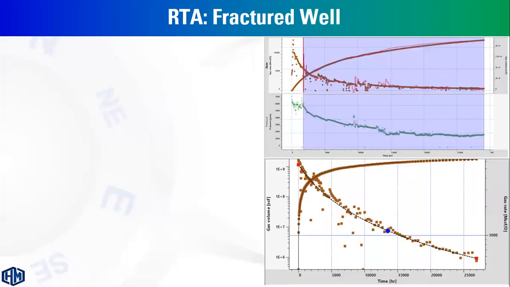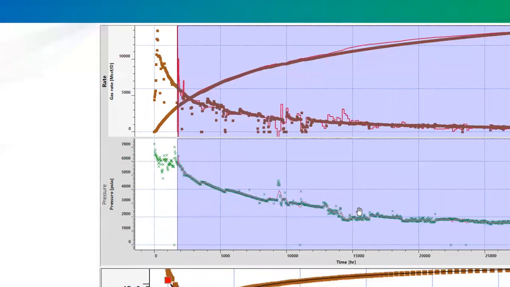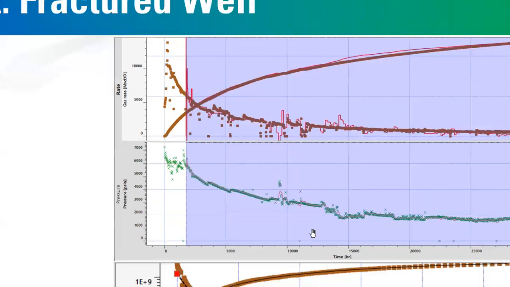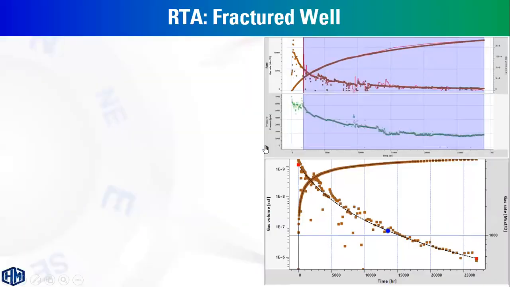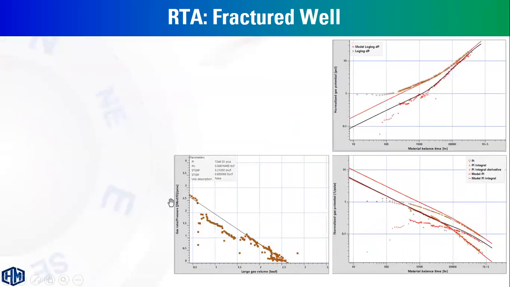This is the data of the fractured well, the flow rate and flowing pressure, and this is the matching for this well. This is the decline curve plot using the hyperbolic decline at a specific abandonment rate and abandonment time. This is the estimated ultimate recovery, 3.7 billion standard cubic feet.